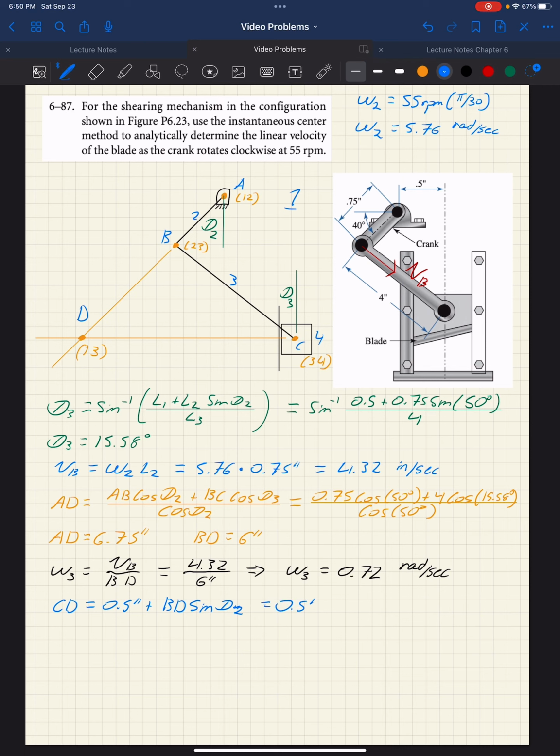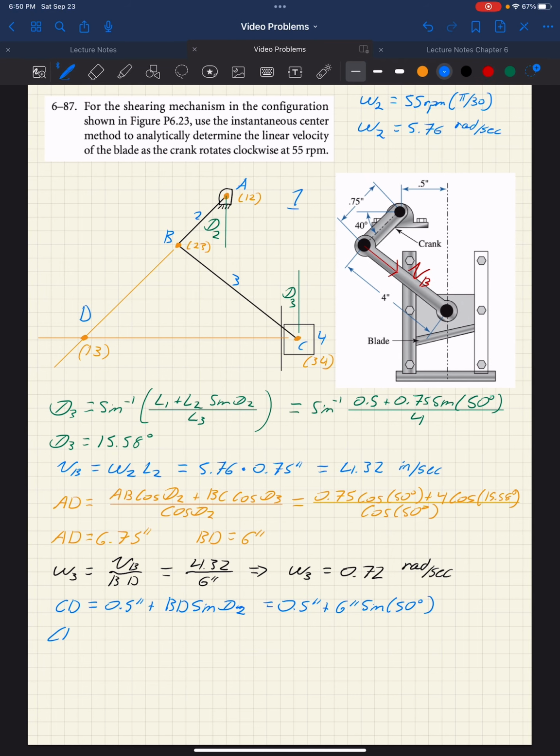So 0.5 inches plus BD, 6 inches, times the sine of 50 degrees. CD is equal to 5.67 inches.